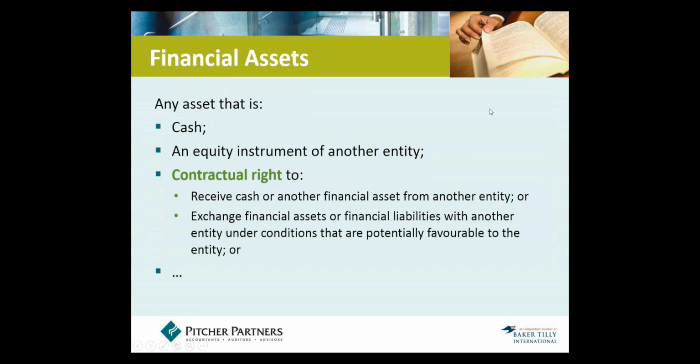So let's move on to financial assets. Now, financial asset is any asset that is cash, an equity instrument of another entity, or a contractual right to receive cash or another financial asset from another entity, or exchange financial assets or financial liabilities with another entity under conditions that are potentially favorable to the entity.